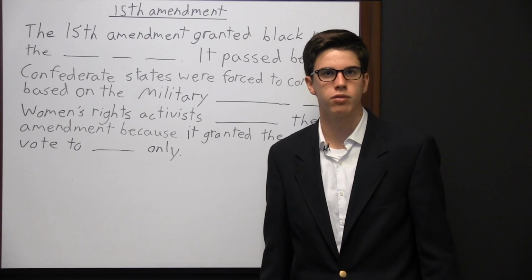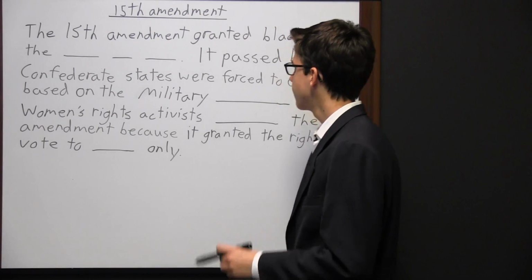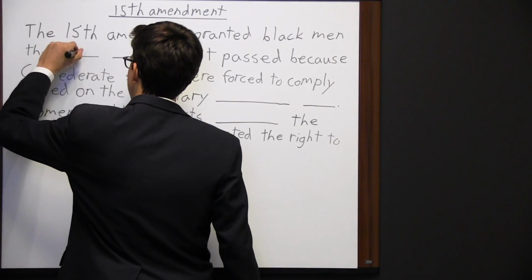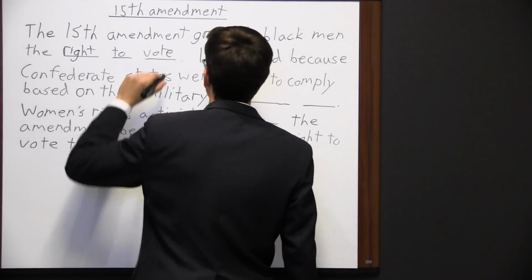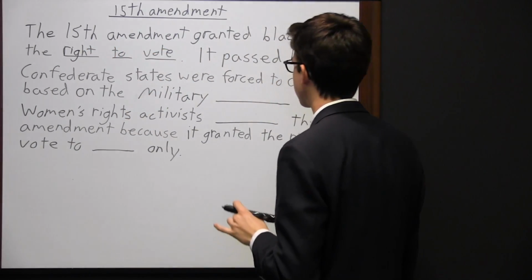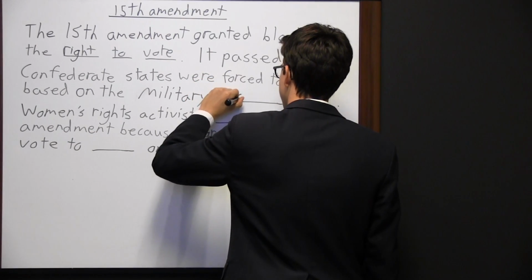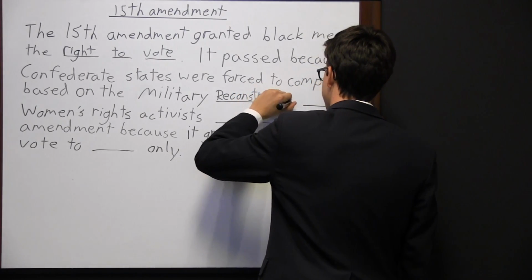The 15th Amendment was ratified in 1870. Now, this 15th Amendment granted black men the right to vote. It passed because Confederate states were forced to comply based on the Military Reconstruction Act.